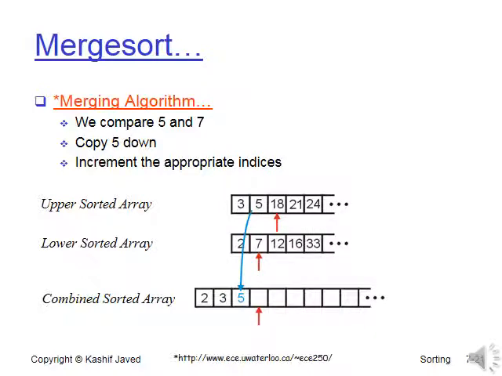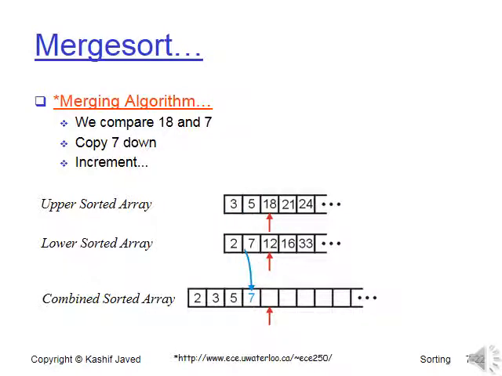Again, we compare numbers 5 and 7. 5 is less than 7, so we copy 5 down into the combined sorted array. Then we increment the indices of the lower sorted array and combined sorted array.